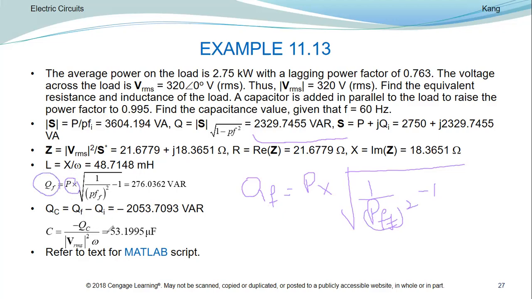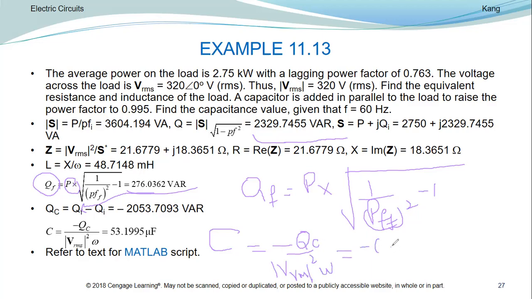Now QC equals QF minus QL. So you have to find the value of QF here and QL here to find the value of QC. Now there is the third parameter, which is the extra parameter added in this numerical: the capacitance value. Capacitance value equals minus QC divided by V root mean square value squared times omega.